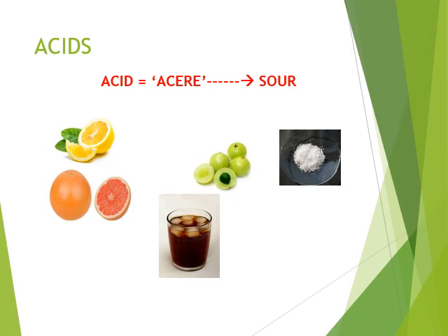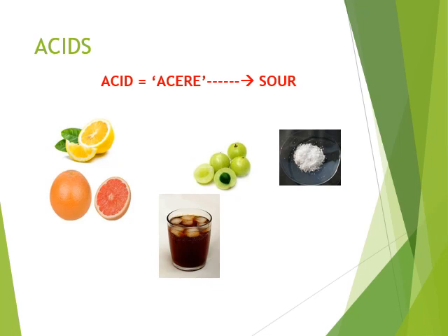And you must observe that lemon juice, orange juice, grape juice, tamarind, vinegar, curd, unripe mango, they all will taste sour, whereas baking soda will taste bitter. Sugar and ripe mango will taste sweet and common salt will taste salty.